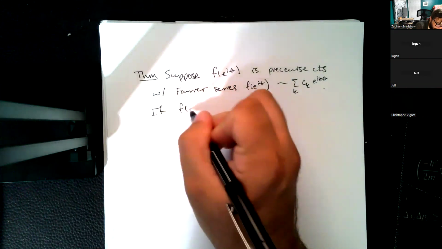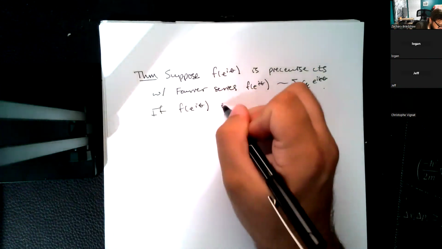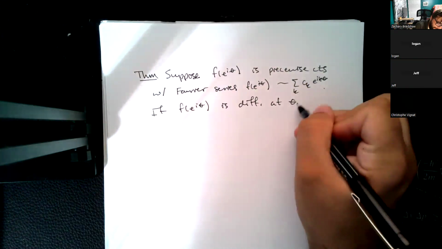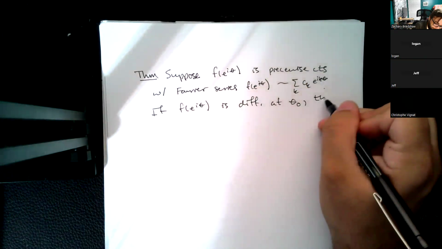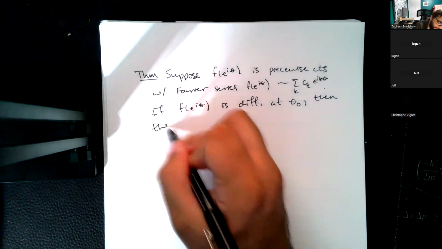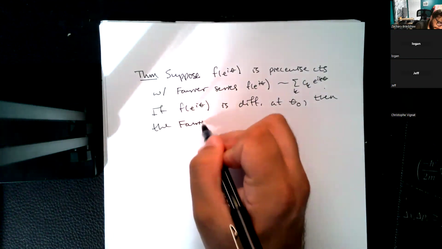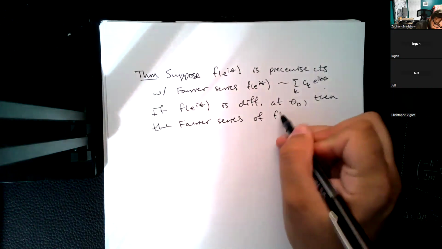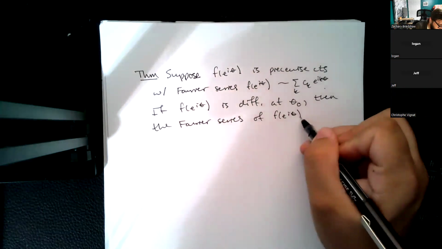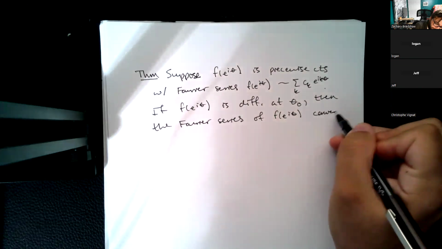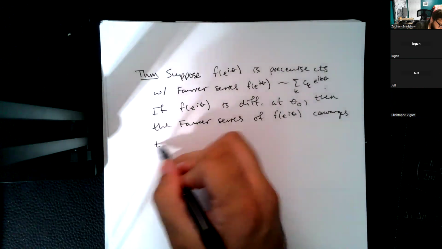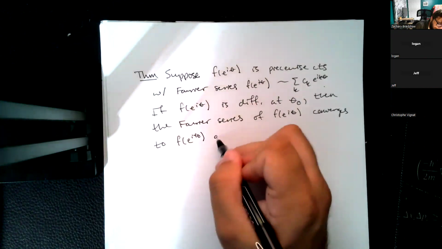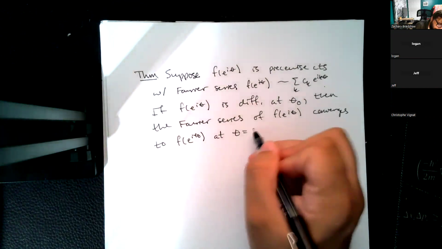If f of e to the i theta is differentiable at theta naught, then the Fourier series of that function converges to f of e to the i theta naught at theta equals theta naught.